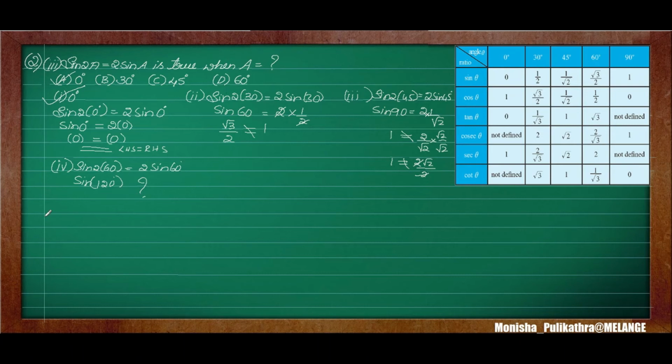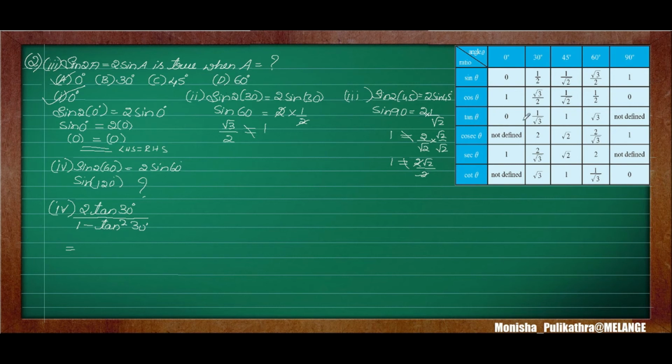Next, moving on to the fourth question. The fourth question is 2 tan 30 degree divided by 1 minus tan square 30 degree.